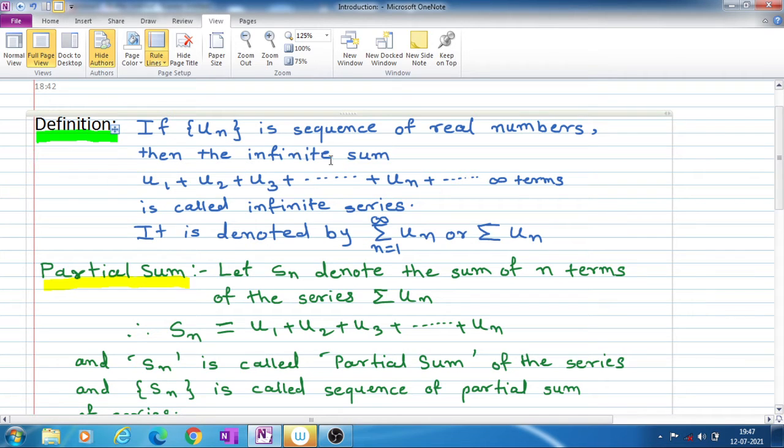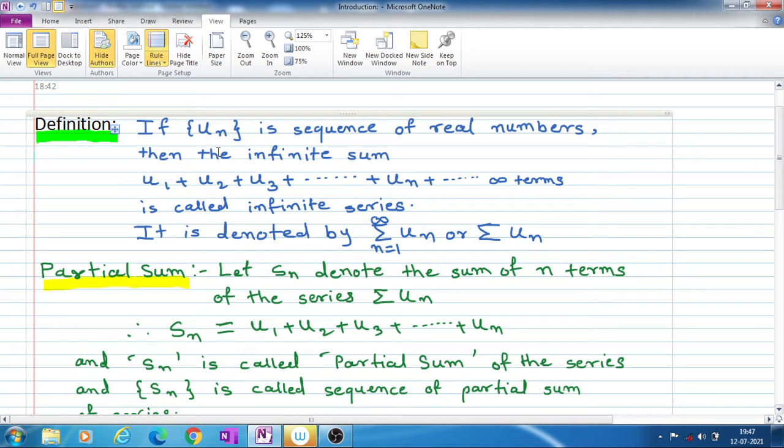If un is a sequence, the name of un is the nth term of this sequence. The name of these terms can be any letter, like tn, rn, whatever it may be.